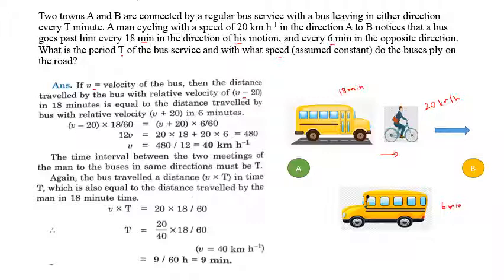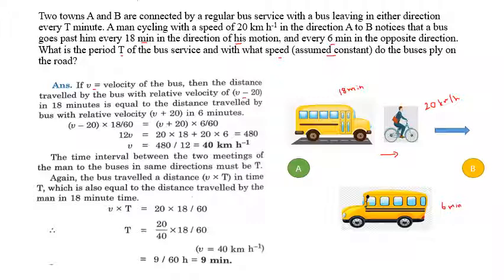So V minus 20 in 18 minutes is equal to the distance traveled by the bus with relative velocity of, so in both the directions the speed of the bus is assumed to be constant. This is also given in the question.